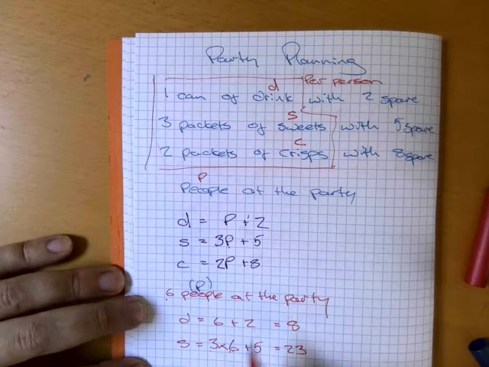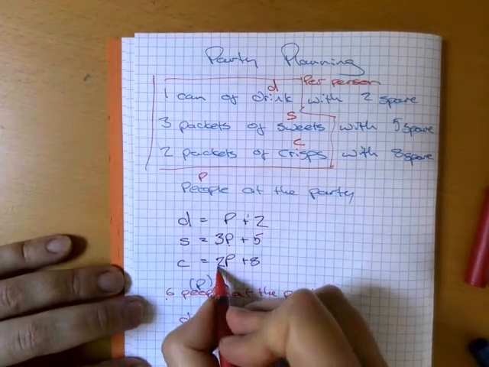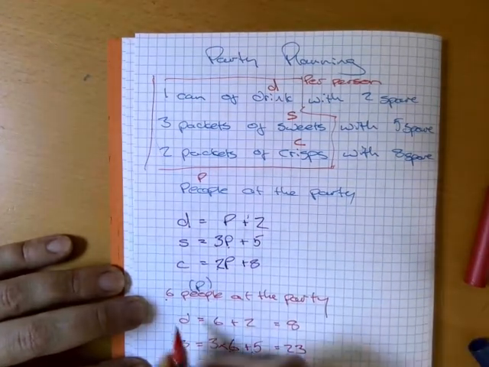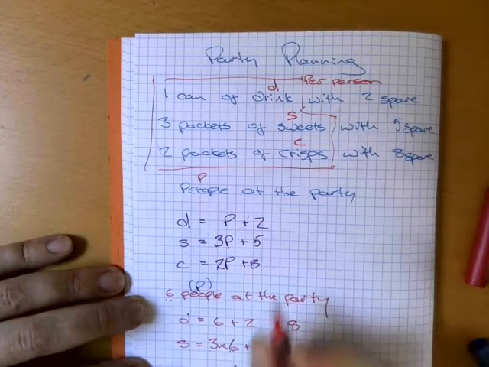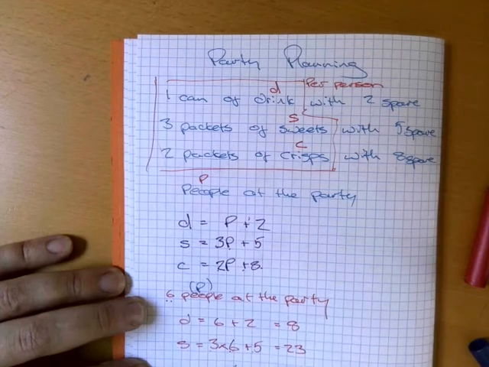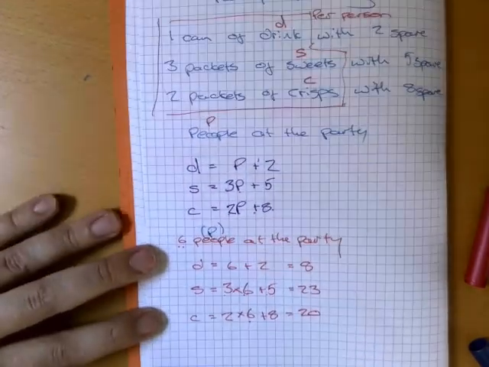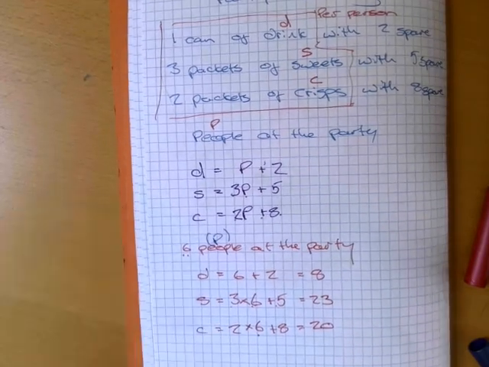And finally, for the number of crisps I'll need, well, that's 2 times the number of people, so 2 times 6, plus the 8 spare packets I'll need. 2 times 6 is 12, plus 8 is 20. I will need 20 packets of crisps for the party.